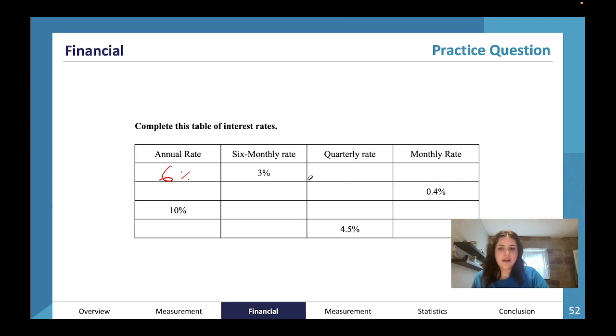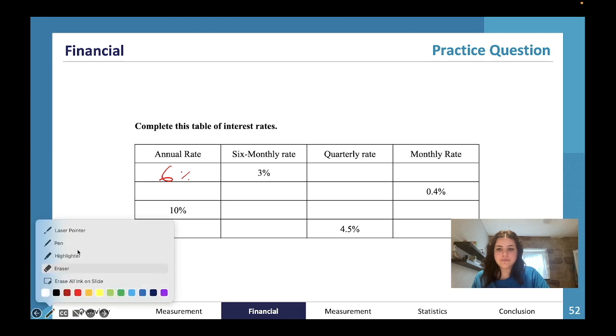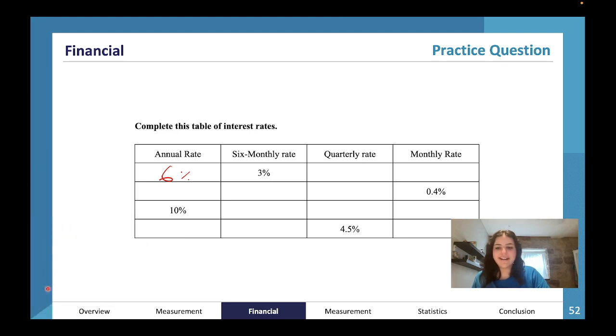So we have an annual rate of 6%. Oh, actually, no, I think I did it right. We have an annual rate of 6%, quarters, 6 divided by 4, yeah, 1.5. And our monthly rate, yes, we need to go 6 divided by 12, so 0.5. Second guess myself for a second there.